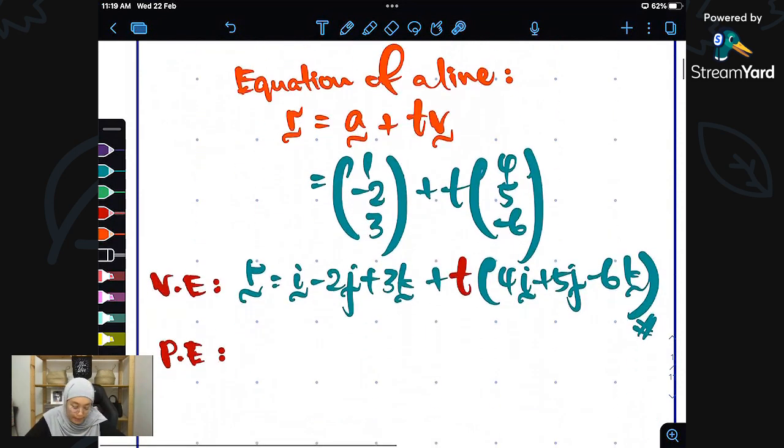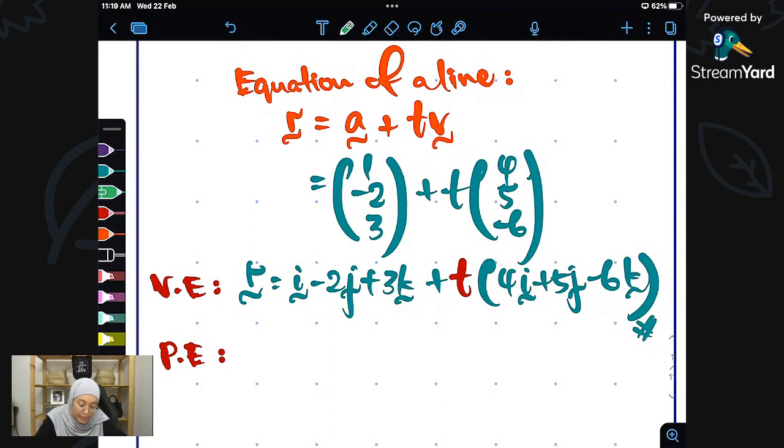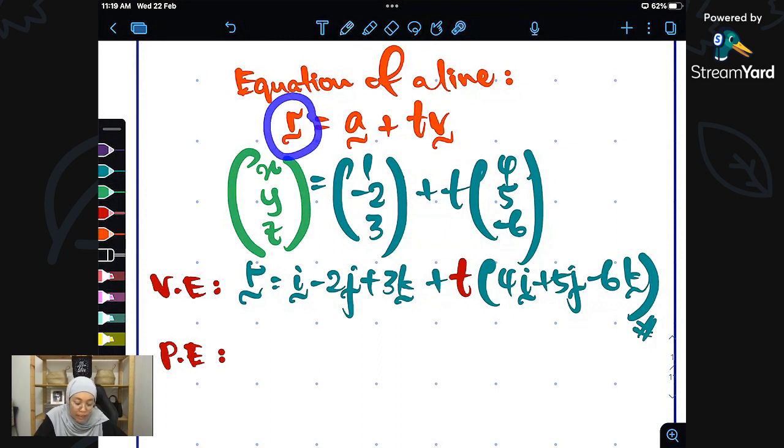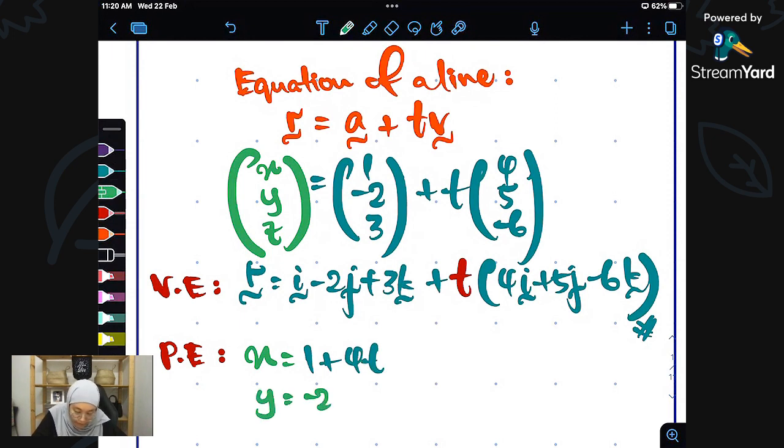Alright, next one is PE. PE is very easy. Basically, jadikan R vector ini dalam bentuk huruf X, Y dan Z. Memanglah dia adalah koordinat. Okay, jadi kita jadikan dia X, Y, Z punya koordinat, which we do not know yet. What is X, what is Y, what is Z? We do not know it. It's okay, you jadikan X, Y, Z. And then kita tuliskan saja X bersamaan dengan 1 tambah 4T. Manakala Y bersamaan dengan -2 tambah 5T.